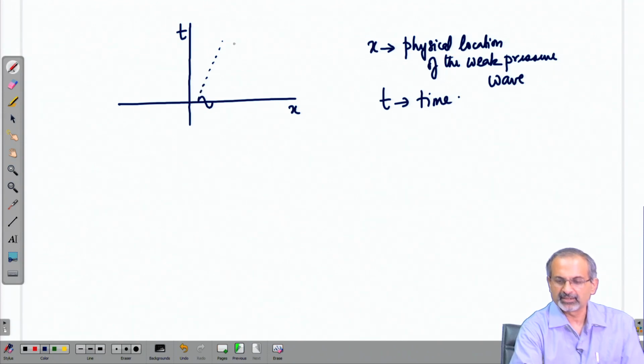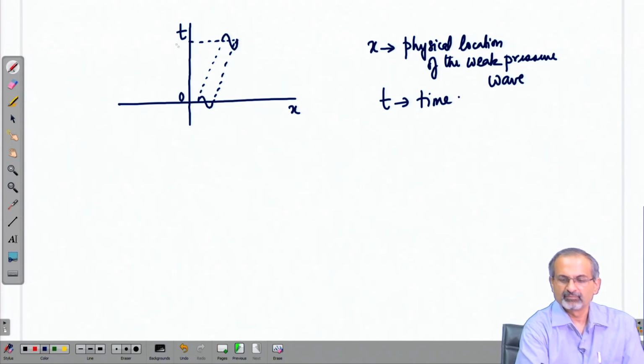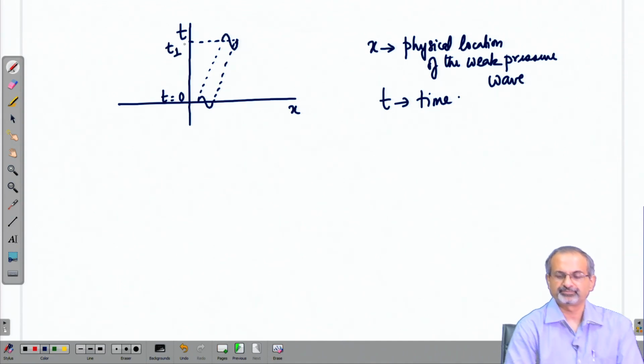that with passage of time this wave would propagate through the domain and it will be translated to some other location between the time t equal to 0 to some other time t equal to t 1.